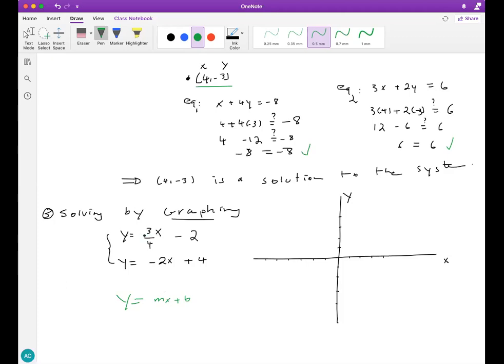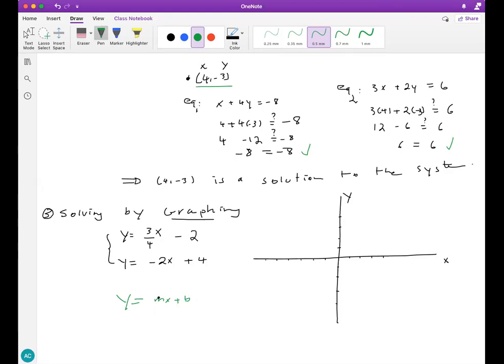What's the slope of this first equation? Everyone, what is the slope of this equation? Remember what we talked about last time when we had an equation in this form.